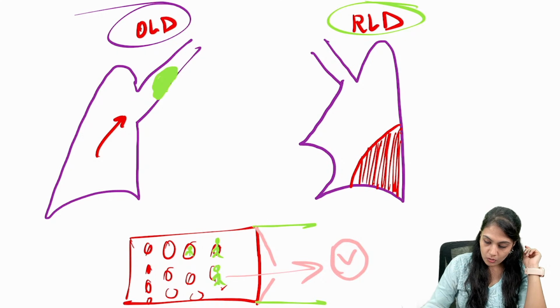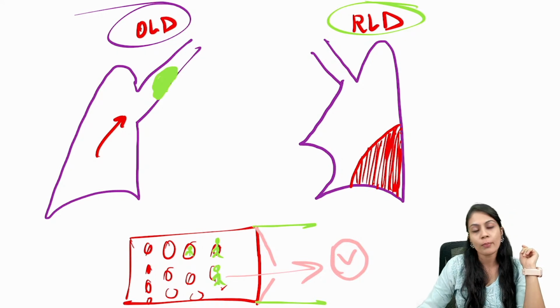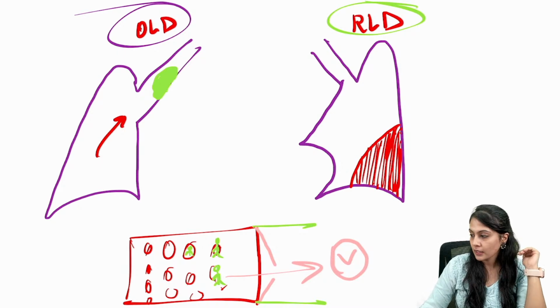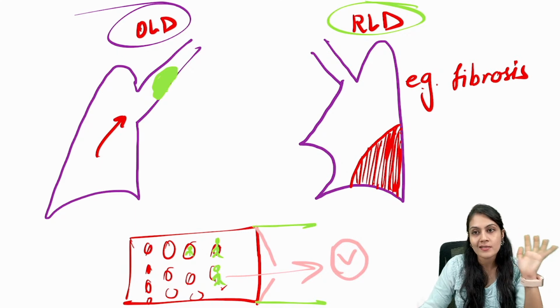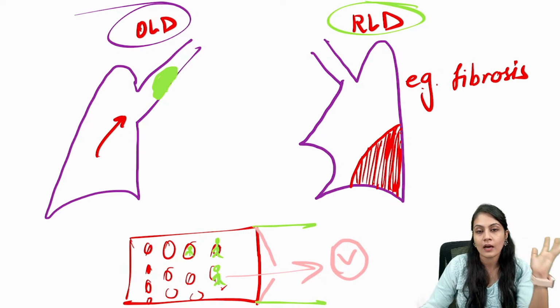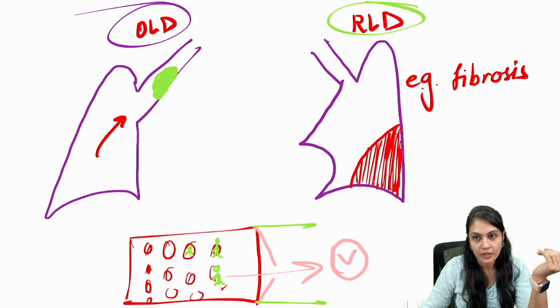Okay, so let's move on to the restrictive lung disease. One of the examples, which we just talked about, is fibrosis, then tuberculosis, all the -oses. What is a cyst? That is the inflammatory condition, right?